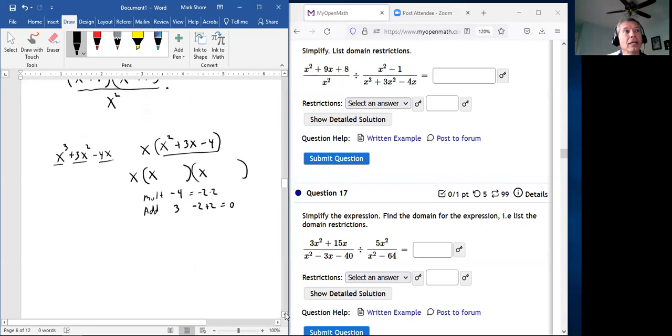I'll just write it down again. Two numbers that multiply together to give me -4 and add up to 3. So what other two numbers can multiply to, well, don't even think about the negative. Besides 2 times 2 to give you 4, what other two numbers multiply to give you 4?